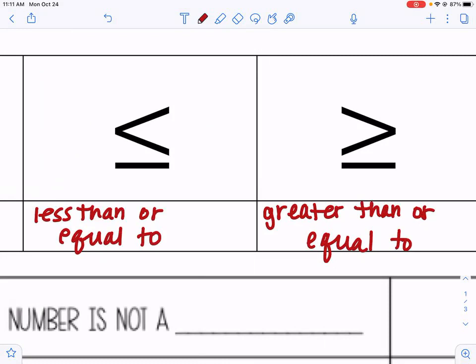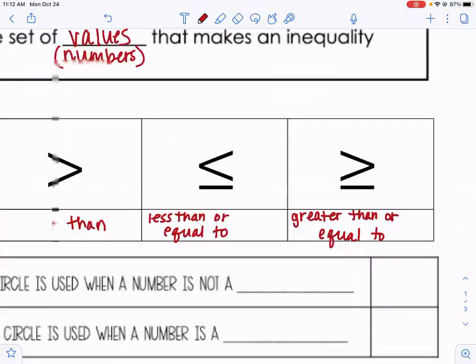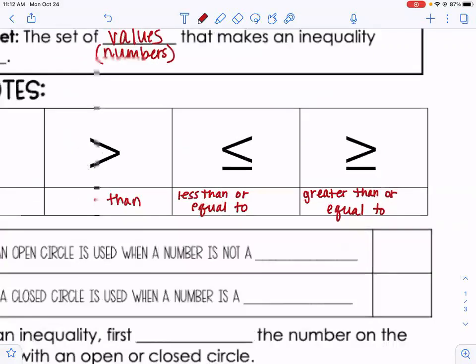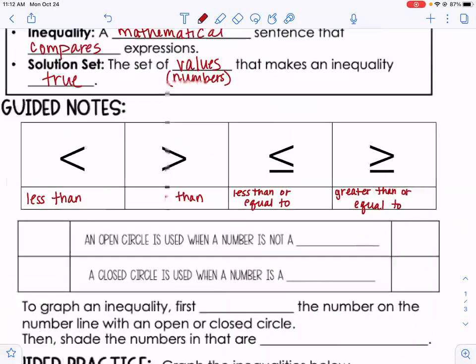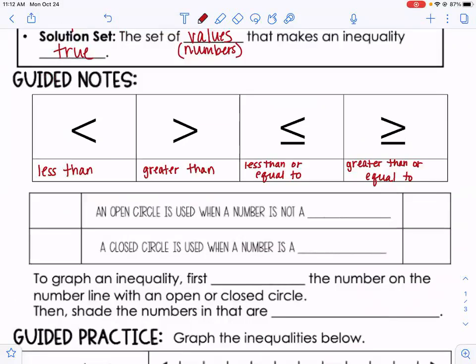Okay. So this is what we need to take away from these symbols. We are going to graph inequalities. And when we do, we're going to do so on a number line. We are going to use an open circle or a closed circle at our solution number.